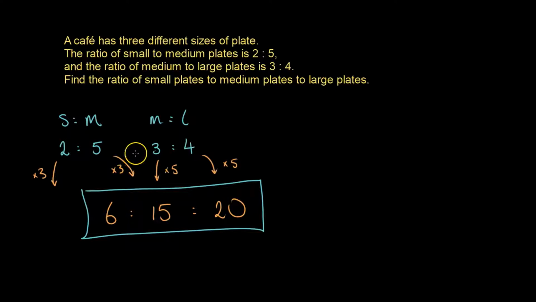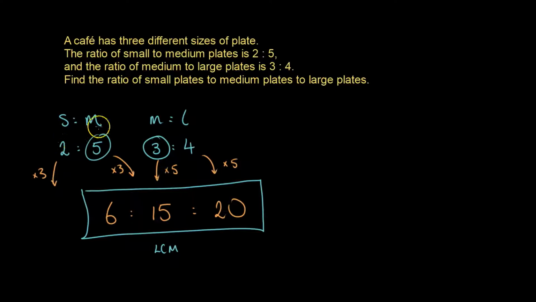So the important thing to note here is that we have gone from 2 numbers that tell us how many medium plates we started off with, and note that the medium plates are the items shared by both ratios, and I found the lowest common multiple of those 2 numbers.